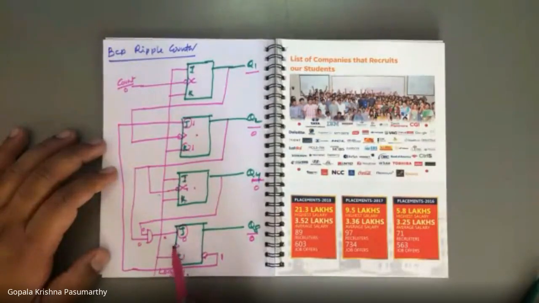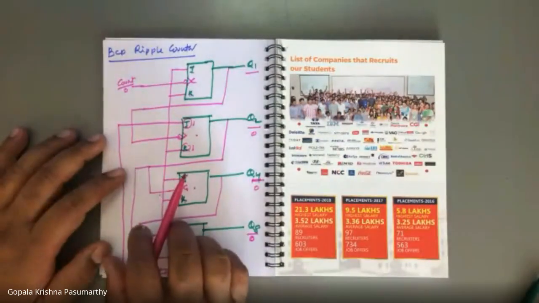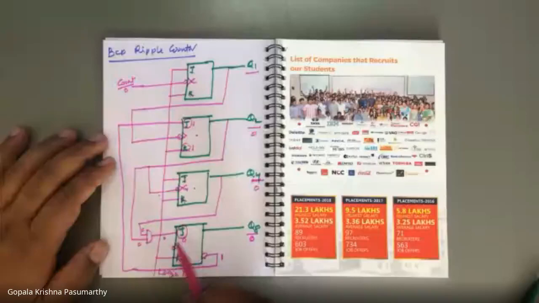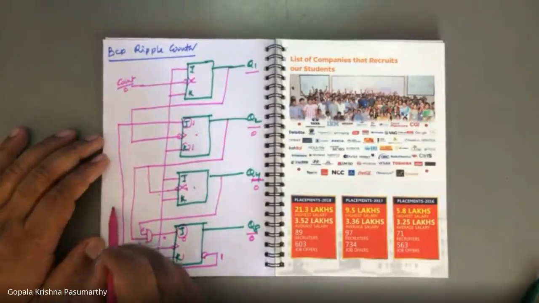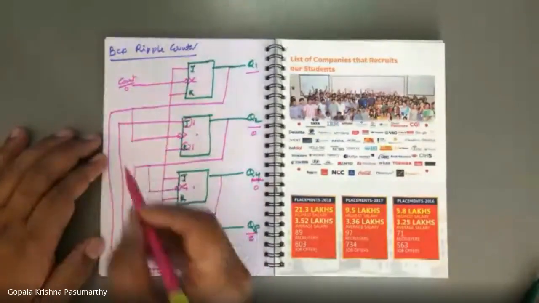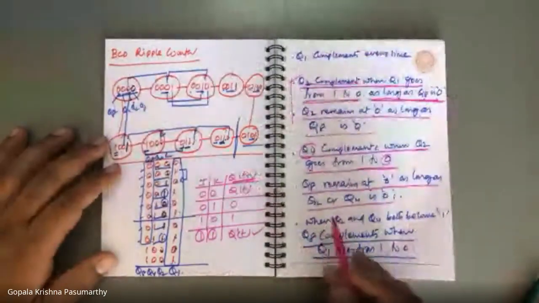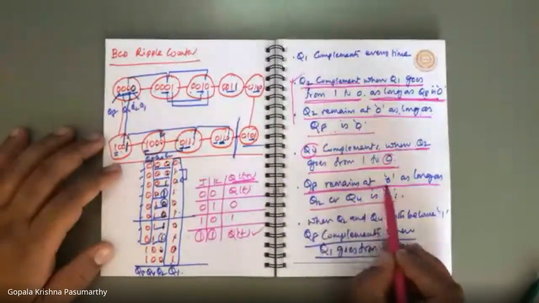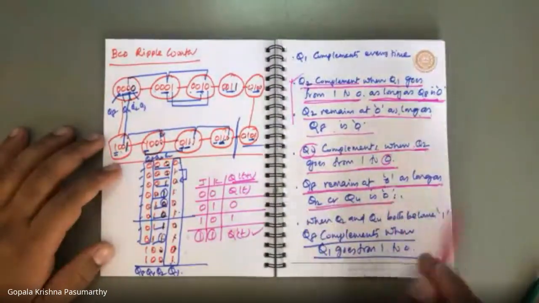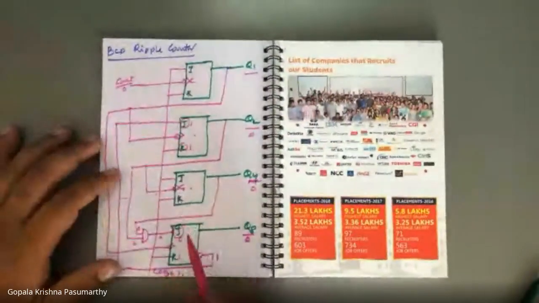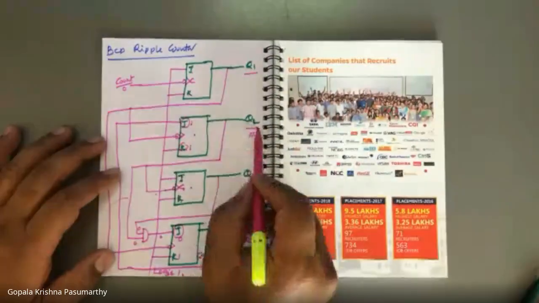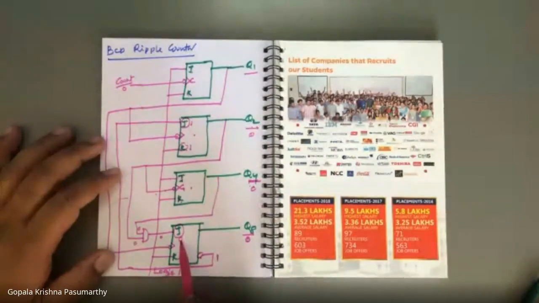The clock is connected to Q1. See the rule? Q8 remains at 0 as long as Q2 or Q4 is 0. When any one of them is 0, this J input becomes 0.